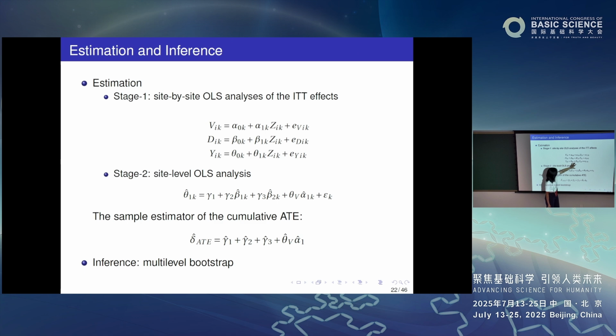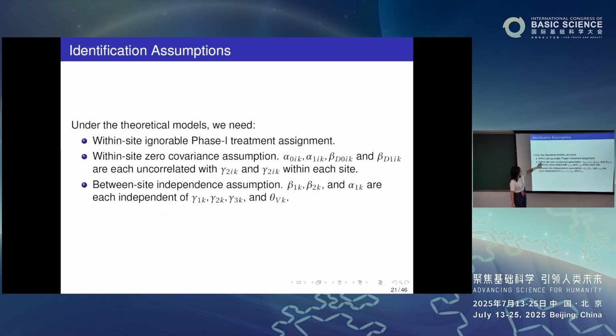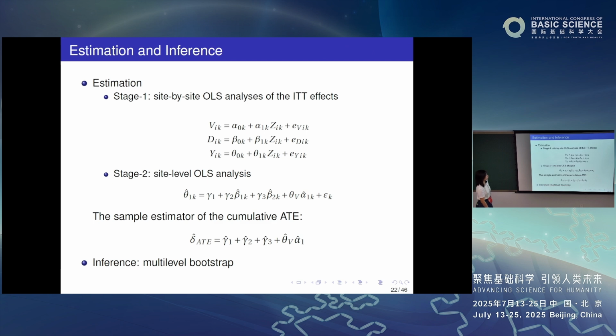And if you improve the estimation efficiency, you also reduce the measurement error in your predictors, and therefore you can improve the finite sample performance. That's the idea. Also, by controlling for observed X, it may make this within-site zero covariance assumption more plausible. You have the zero covariance assumption conditional on the observed covariates, which makes this assumption much more plausible. Okay.